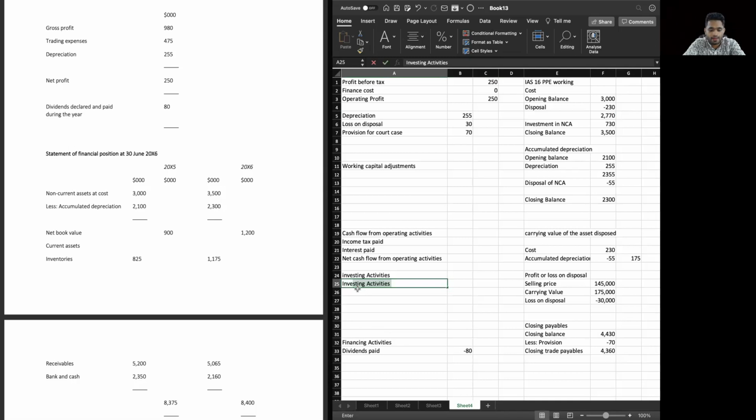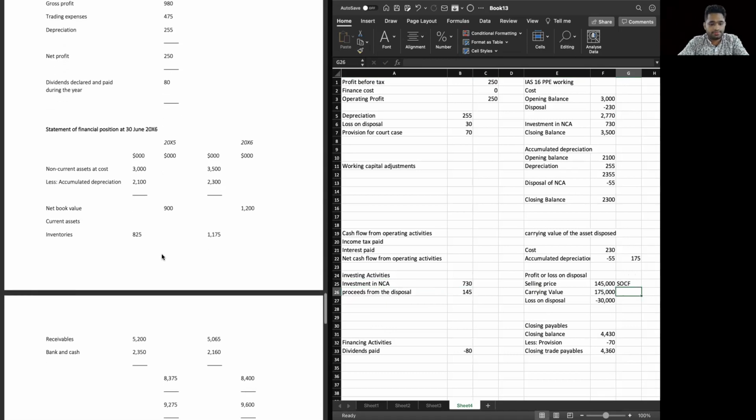So I'll show the investment in non-current assets, 730, and the proceeds from the disposal, 145, right? The cash proceeds, which needs to be shown in your statement of cash flows, right?